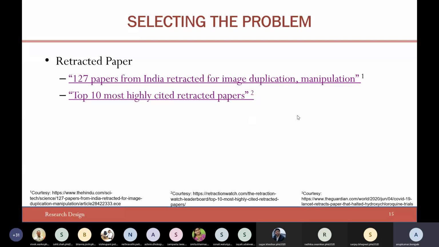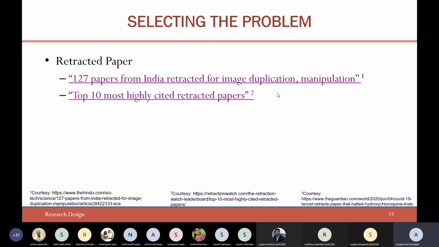So one should always be careful when doing a literature review and so on. Always try to refer to papers from valid sources before quoting them. It is not just that when you are preparing a research proposal, you simply refer or quote some paper. That should not be the case.